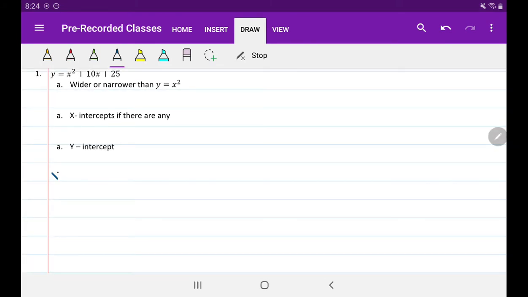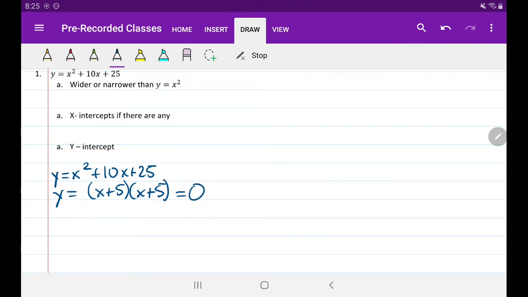So y equals x squared plus 10x plus 25 factors into y equals x plus 5 times x plus 5. And remember, when you're finding your x-intercepts, you're just setting it equal to 0 and solving.